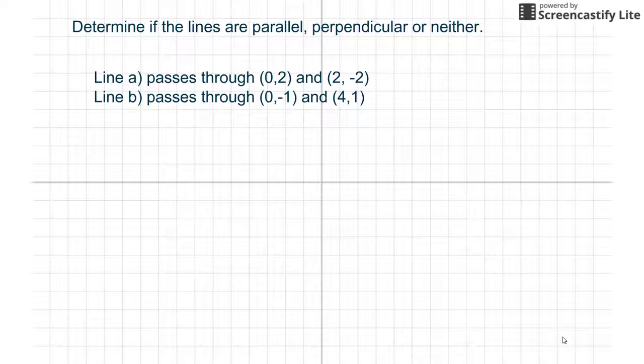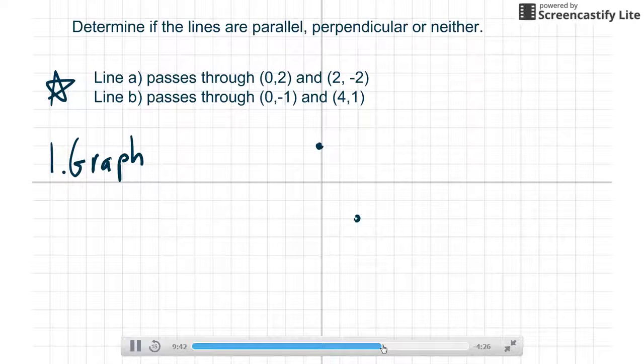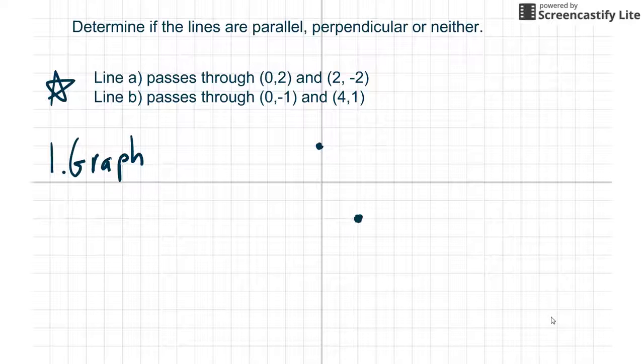So you may have to determine if they are parallel, perpendicular. First, figure out what these lines look like. What you could do is simply plot 2, negative 2. And my line is here. I'm going to go ahead and count that slope to see what my slope is. So I count 1, 2, 3, 4, over to the left 2.